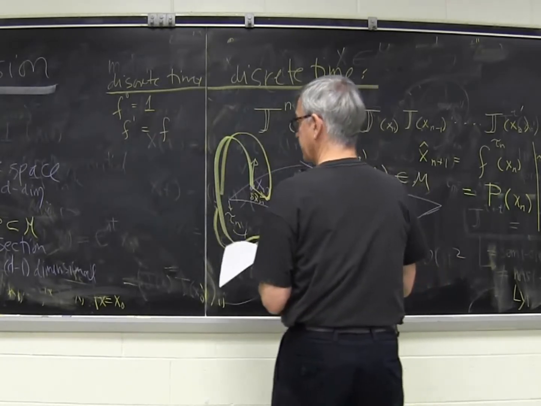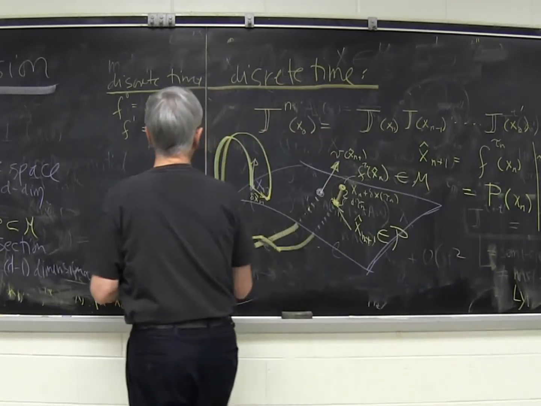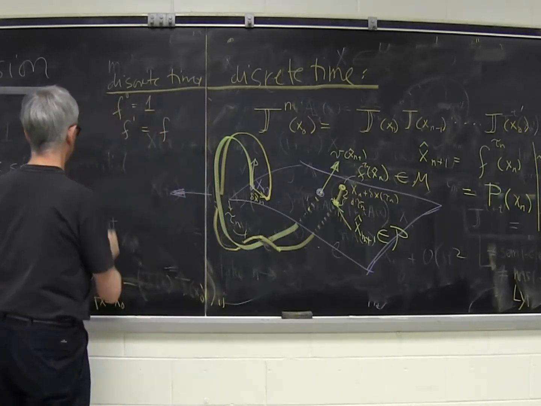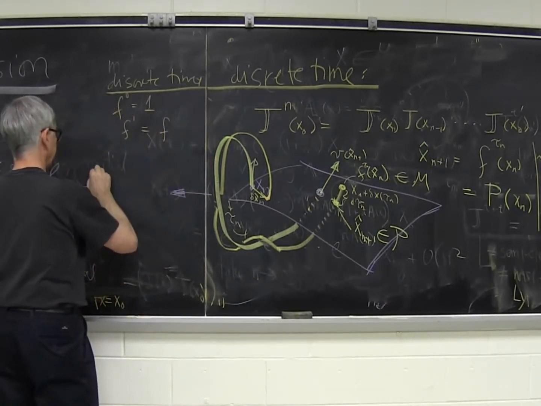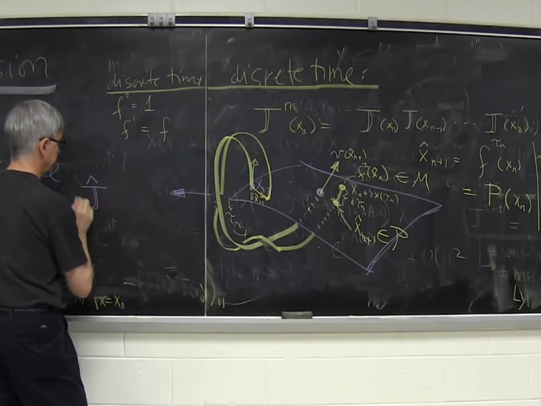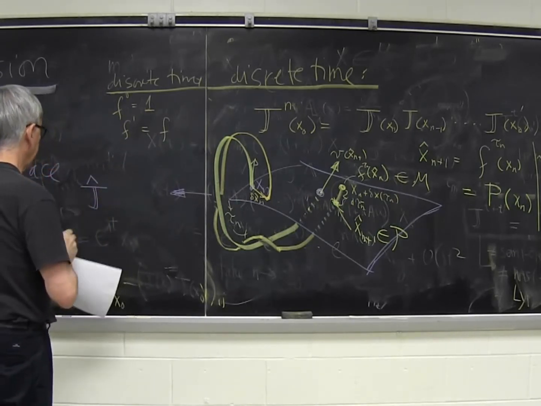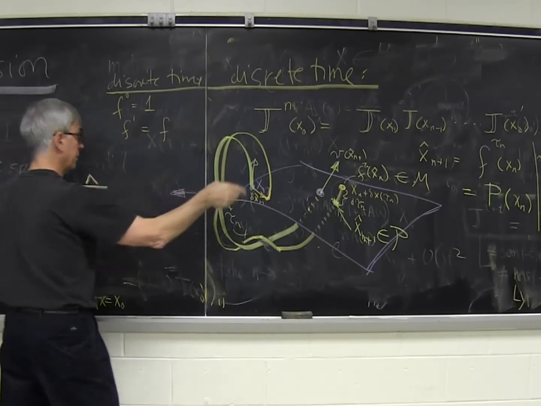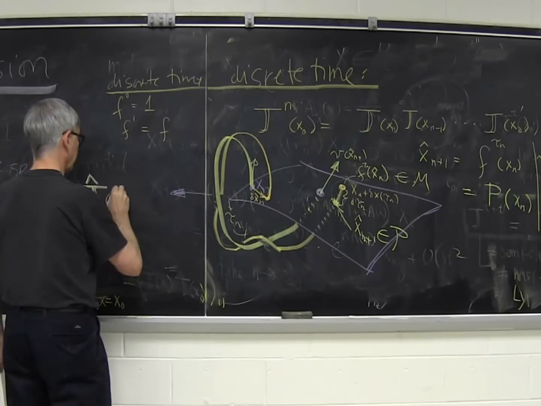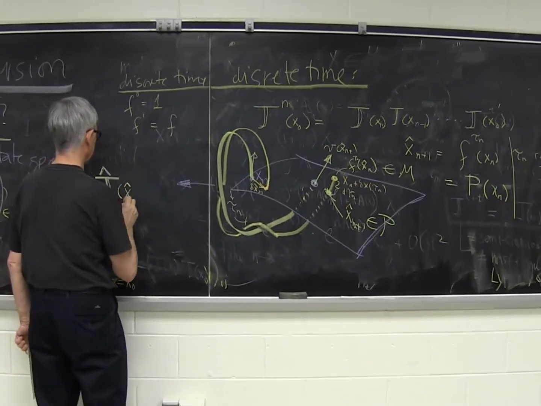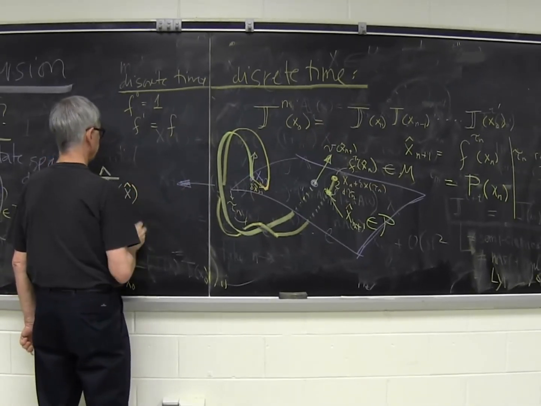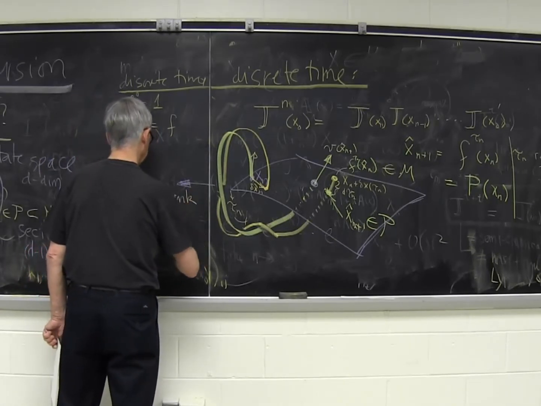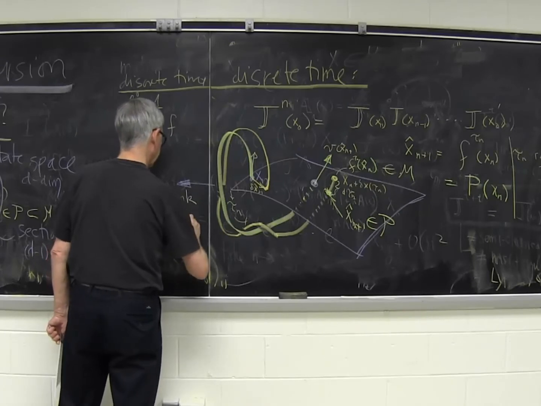And the result is that when you do this, you find that J hat, the one return time starting from a Poincaré section and returning to a Poincaré section, is a rank D minus 1 matrix.